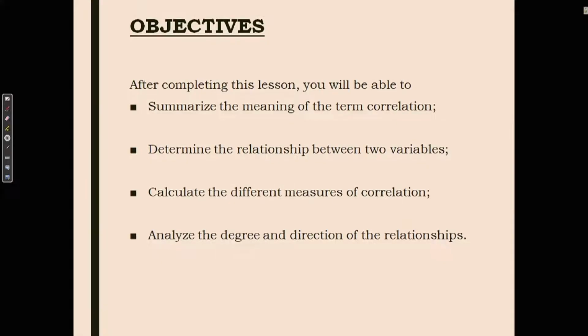Determine the relationship between two variables, not only two variables, two or more than two variables. But at your standard, it is not possible to calculate the relationship of multivariable observations to show the correlation.